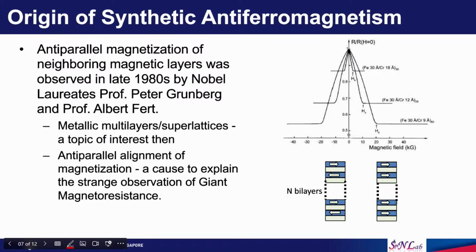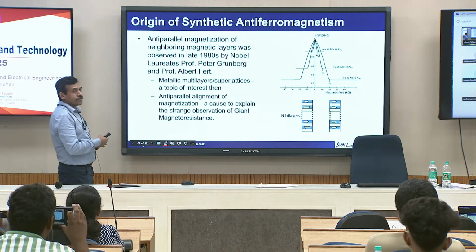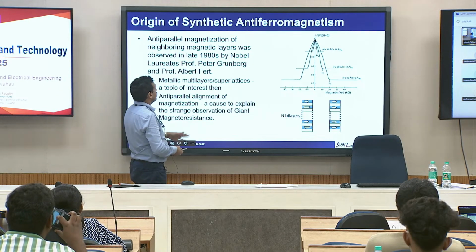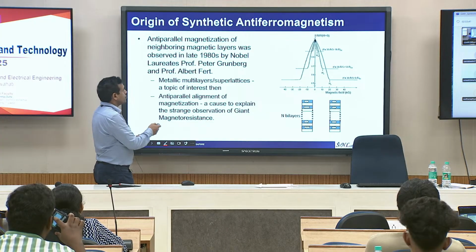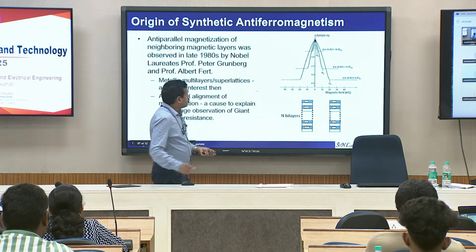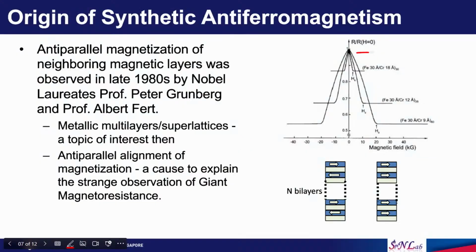Okay, so, as I mentioned a few minutes ago, the origin of synthetic antiferromagnetism starts from the discovery of giant magnetoresistance. So, the discovery by Albert Fert's group, they found out that at 0 field, the two iron layers have antiparallel magnetization, but when they apply sufficiently large magnetic field, they can force them to be in the same direction. Okay.